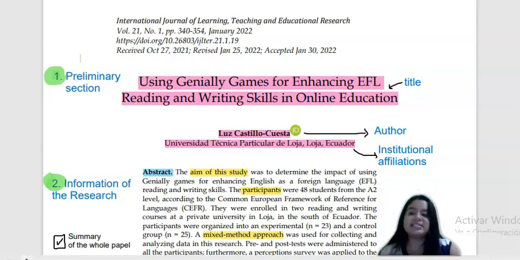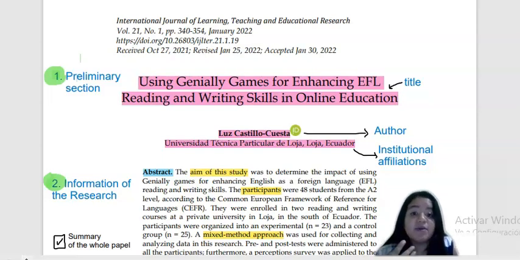It explains the objective of the study, how many participants they used, what method, what results showed, and a further explanation, maybe some conclusions, some kind of recommendations, and of course the keywords too.